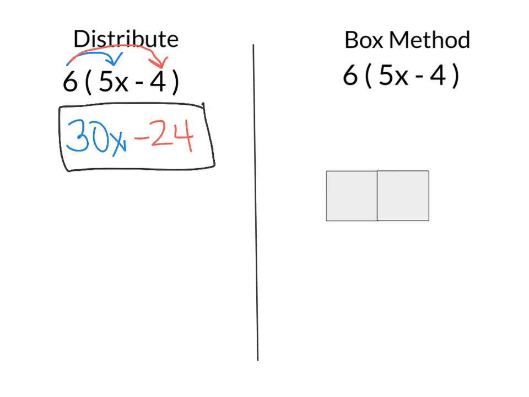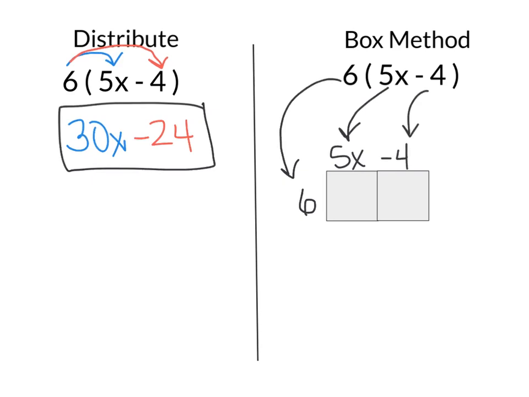We can also solve these problems using what's called a box method. And if you want to use the box method, you're going to start by putting your values around this box. So my 6 I'm going to bring down here. My 5x is going to go here, and then my minus 4 will go next to it.